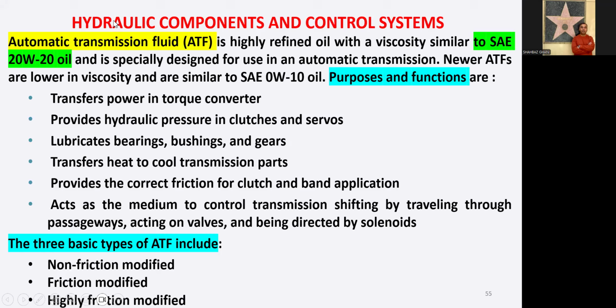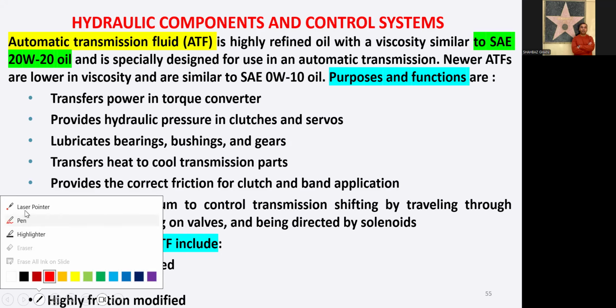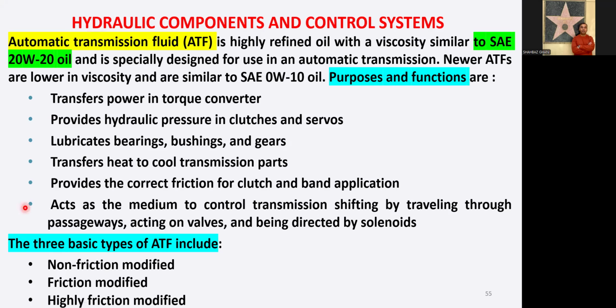Okay, hydraulic components. Hydraulic components and control system. Automatic transmission fluid, generally known as ATF, is highly refined oil with a viscosity similar to SAE 20W-20.